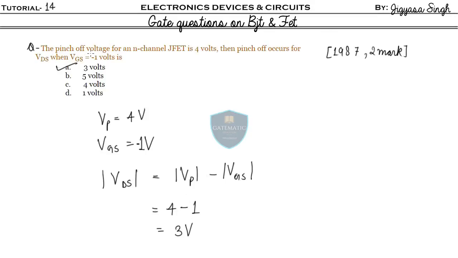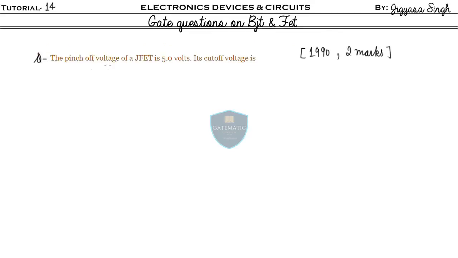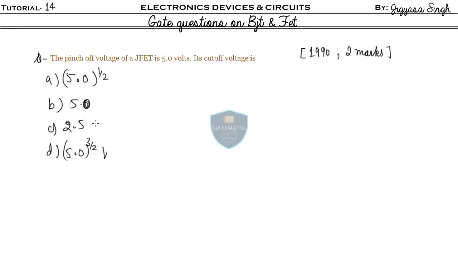So easy. A. The pinch off voltage of a JFET is 5 volt. Its cutoff voltage is, and options were given something like this. B and C 2.5, this is 0, and D. I wanted to take the answer because we know that our pinch off voltage is the other name of cutoff voltage only.